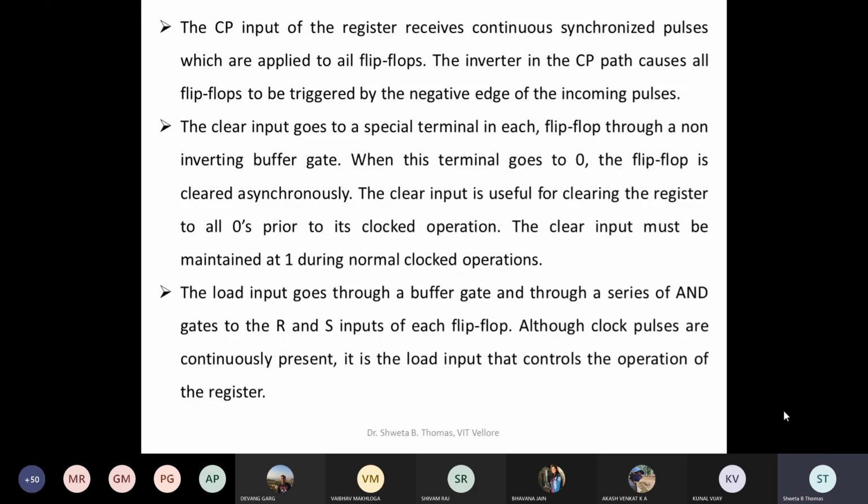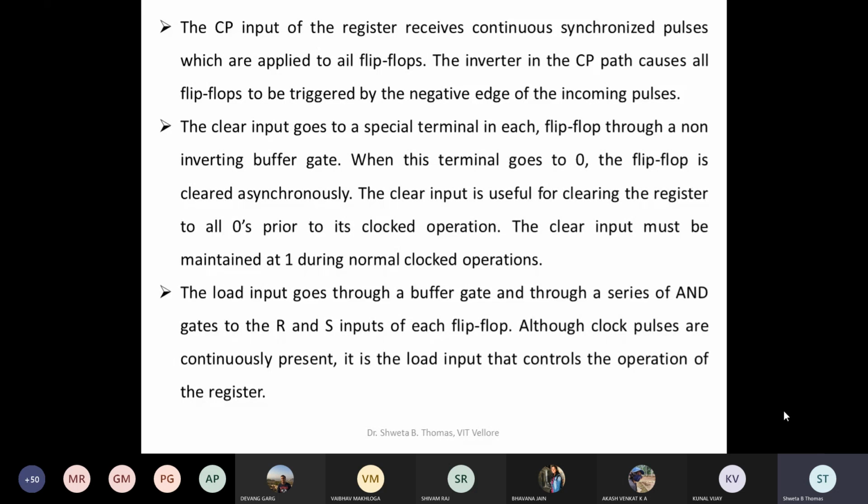That's why this clear also does the same work, acting in the same way. The clear input must be maintained at 1 during normal clock operation. Understood? If you want to clear it, it will be 0.